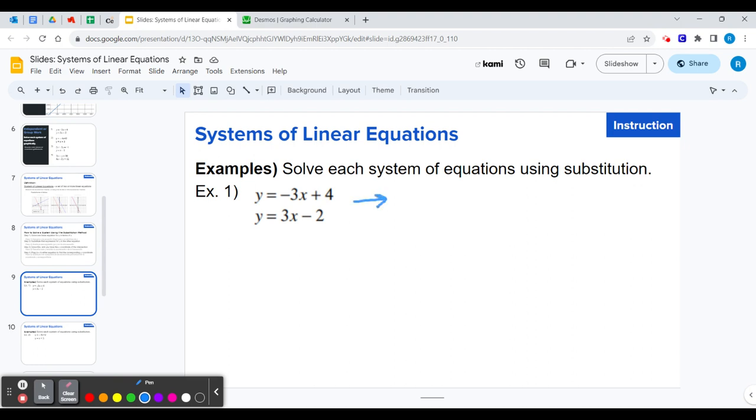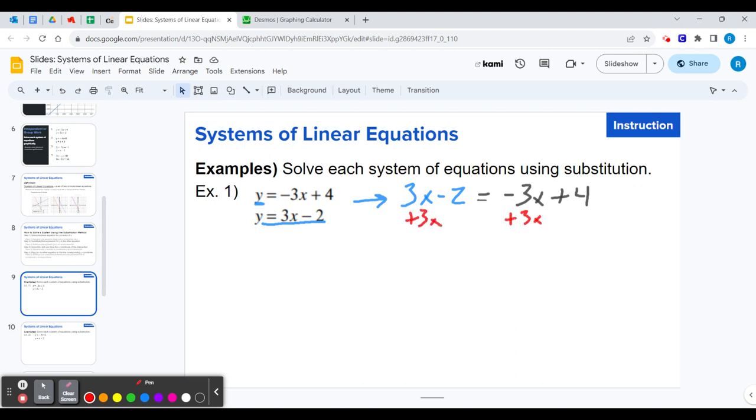If we substitute in this y to replace the y in the first equation, here's what we get. We get 3x minus 2 equals negative 3x plus 4. Then we're going to want to move some stuff around to get all variables on one side and all numbers on the other.